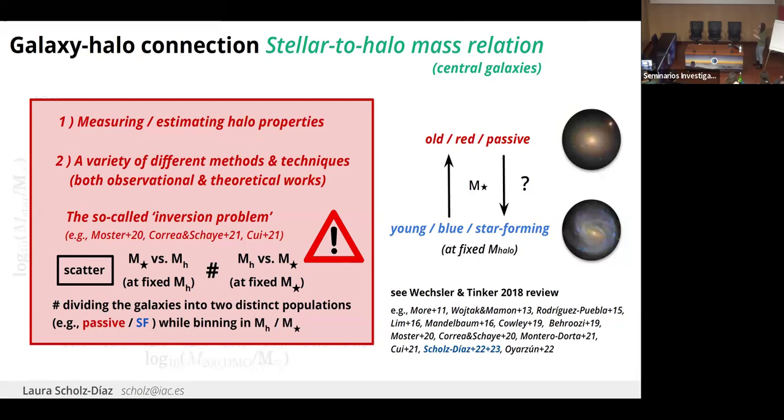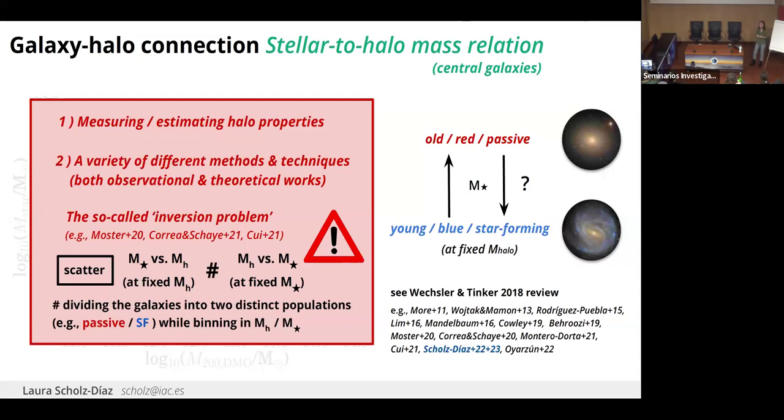So please, when you compare different works, be careful about what relation these works are studying. In our case, we are using this 2D plane, and we are not binning the galaxies, not separating the galaxies into different categories. So we are safe, but it's true that our halo masses, as I'm showing here, are estimated in an indirect way.